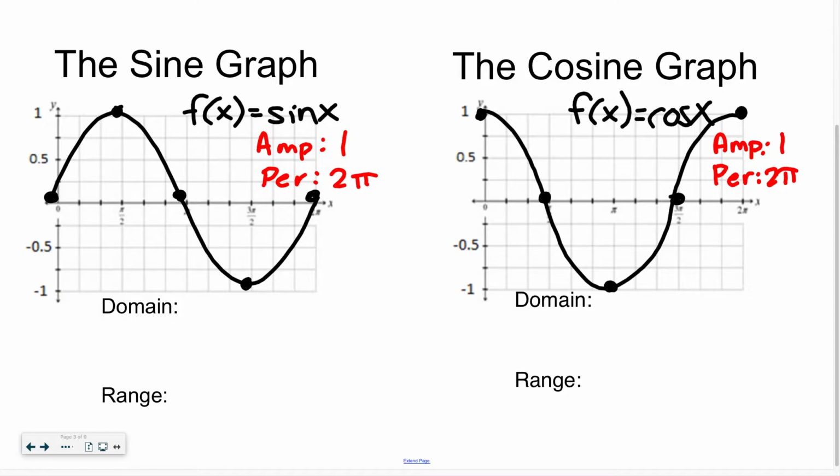Remember here that this image that I have, this is just one period. I really take this graph and copy it infinitely many times. So it's a wave that's continuous in the middle, going on forever to the left and forever to the right. So domain would be all real numbers. We're going to use interval notation.